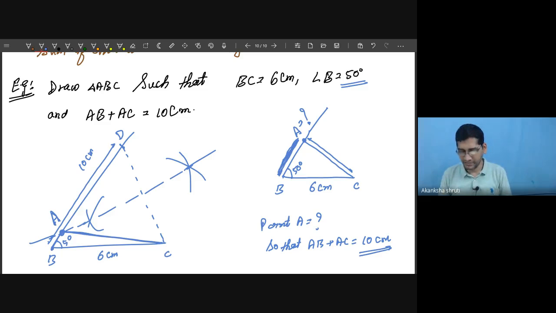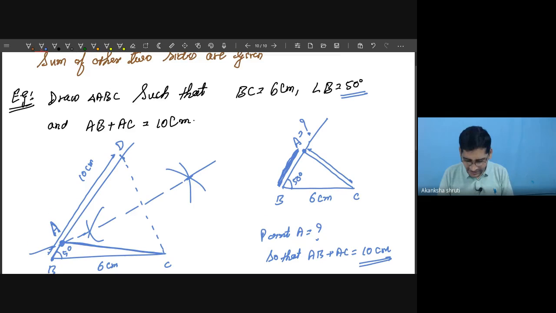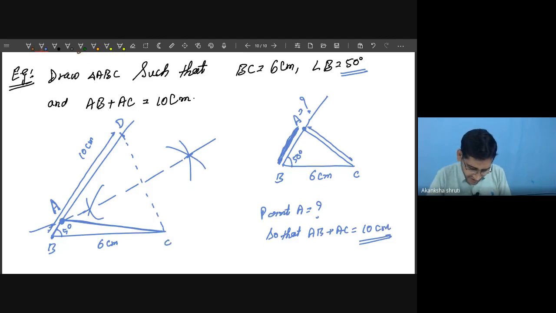How I have drawn it, I will explain. Similarly, it may be possible that the difference is given, so with the difference I will also explain. Then the sum of the three sides. In this case you can observe AB plus AC is the same as 10. Why 10?